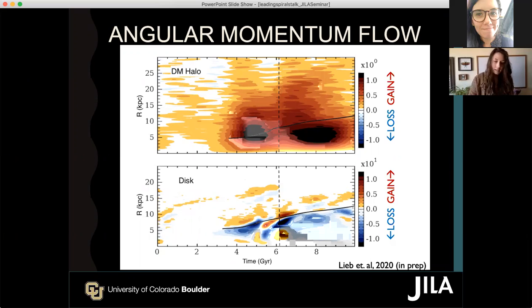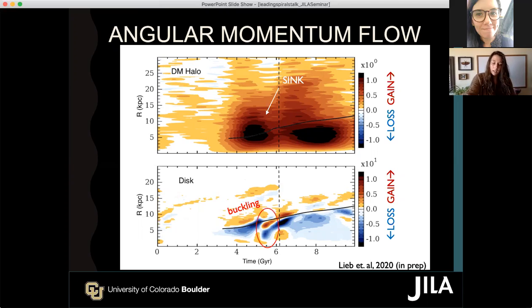So, as I explained before, very early on, the bar forms via the bar instability. The flow of angular momentum from its creation is indicated by the first sink of angular momentum into the inner halo that I indicated here. This sink is followed immediately by what we would call the buckling instability.